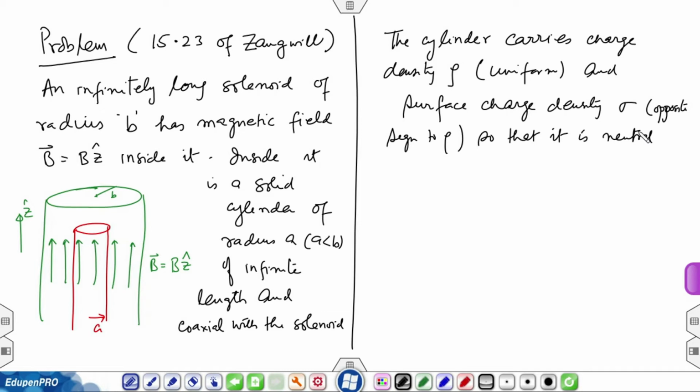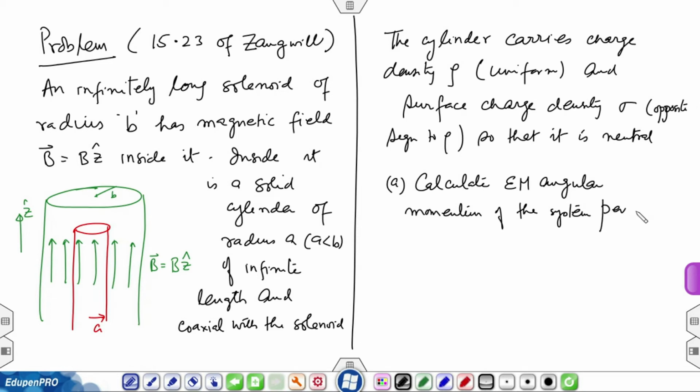So, the problem is: A, calculate the electromagnetic angular momentum of the system per unit length.